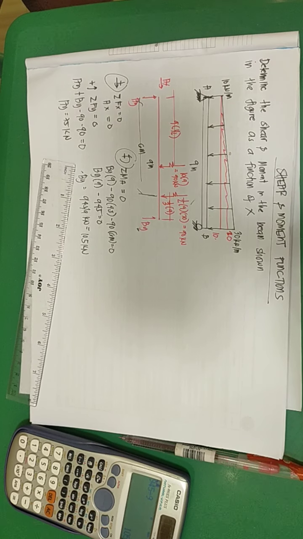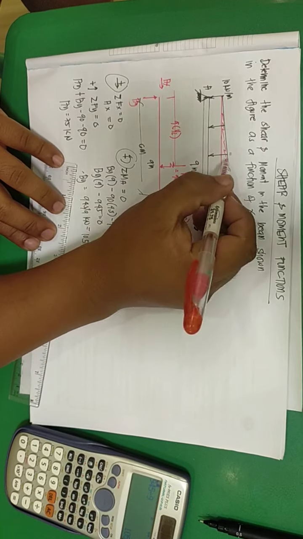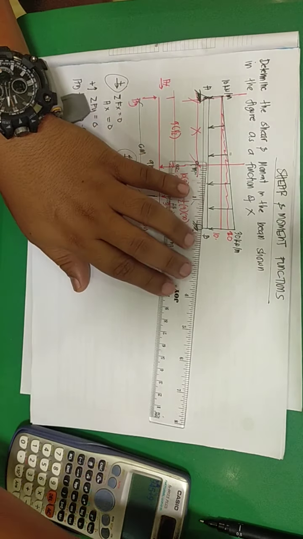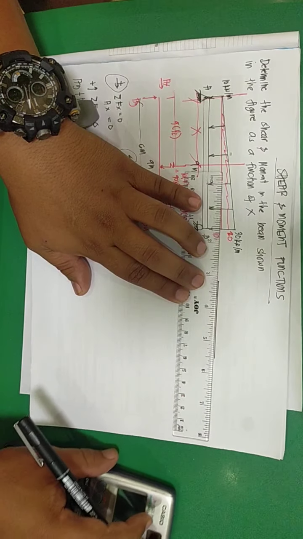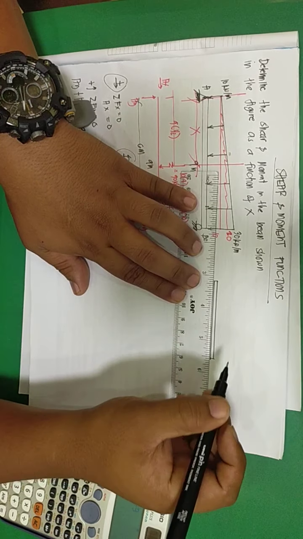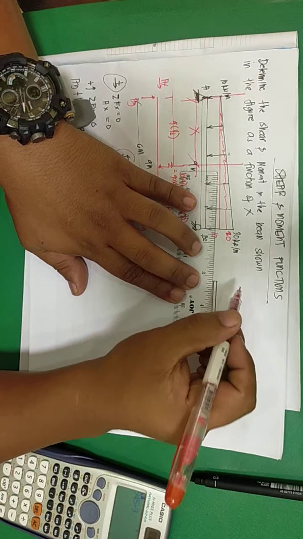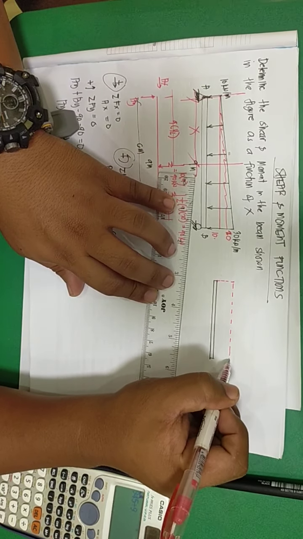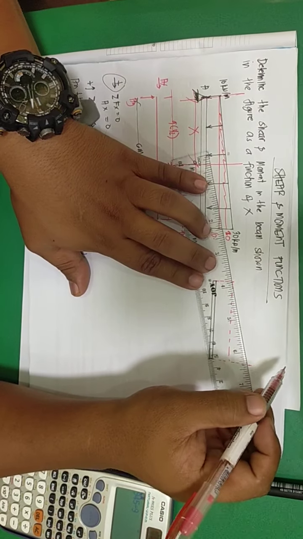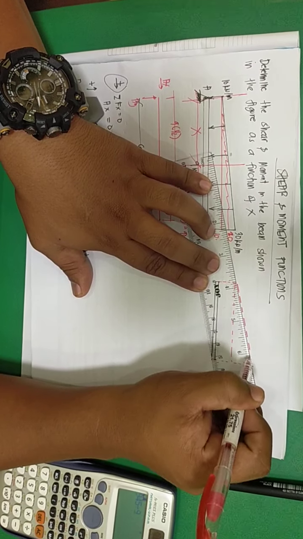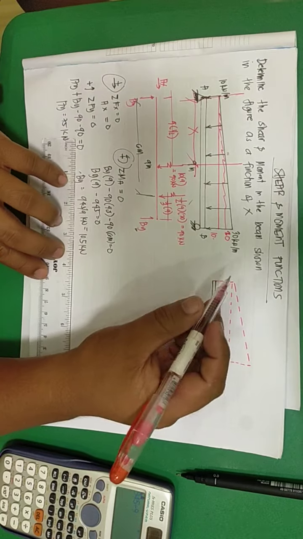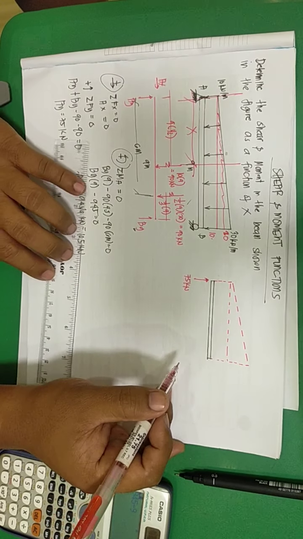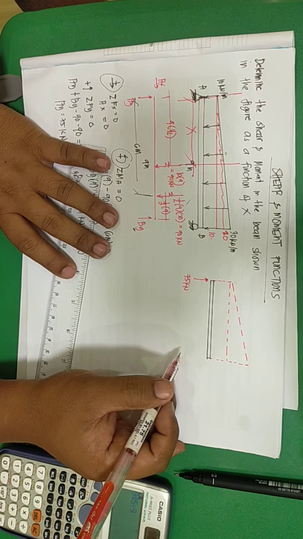Now a free body diagram of the cut section can be done. We take a value of x, with AY equal to 75 kilonewtons.